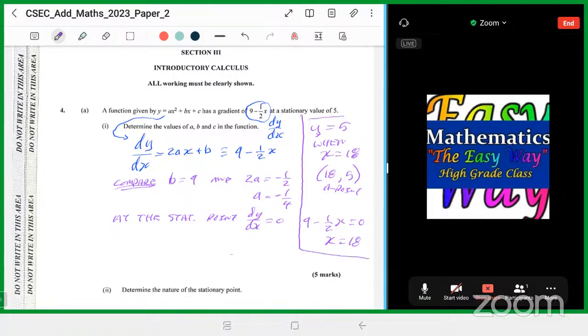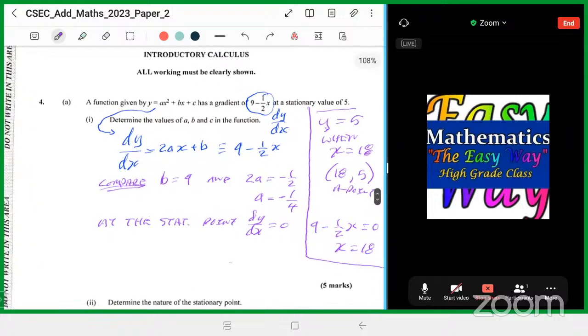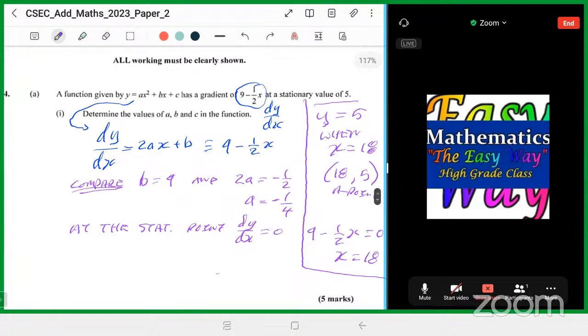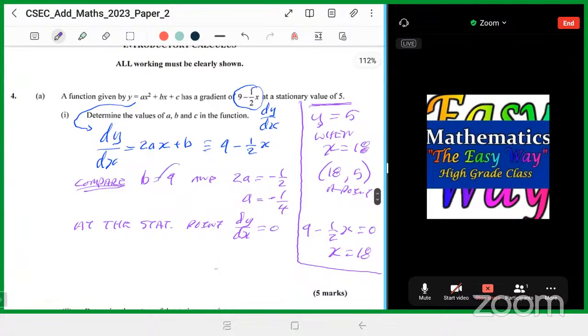So we put the gradient equals 0 to get the value of x at that stationary point. But now to find the c, we're going to have to substitute. That's not necessarily the only way to do it, but to find the c, we're going to substitute the a, the b, and these coordinates into the function.